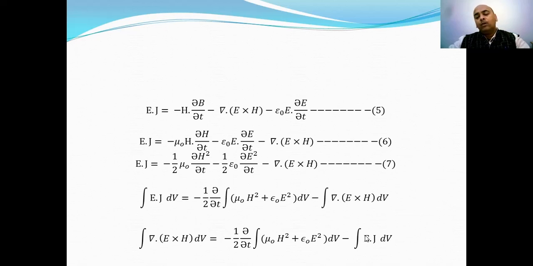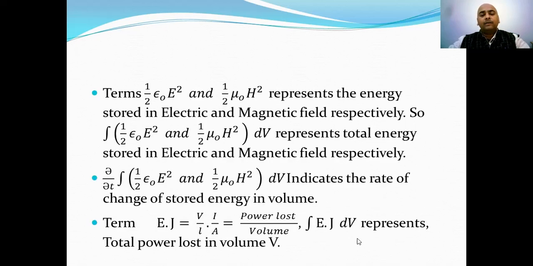The meaning of these three terms is that the second term is composed of 1 by 2 epsilon naught E square and 1 by 2 mu naught H square, which represent the energy stored in the electric and magnetic field respectively.